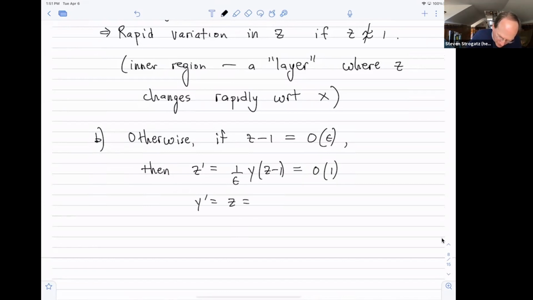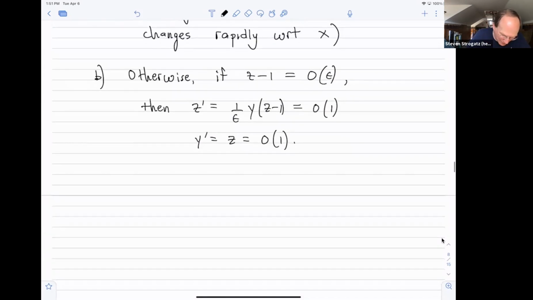It's just Z, but that's going to be some order 1 thing throughout the finite phase plane. So this is a very gentle region. As long as you're away from that invariant line, everything's not changing very rapidly. This is what we would think of as the outer region in geometrical terms. We have gentle variations in Y and Z.